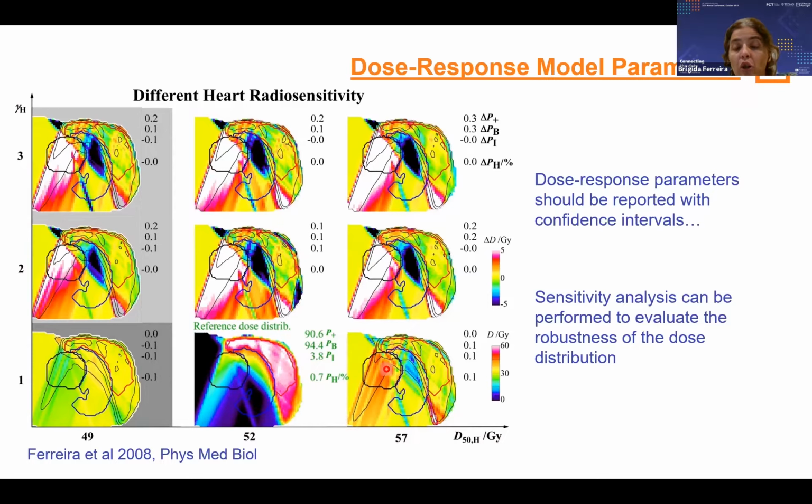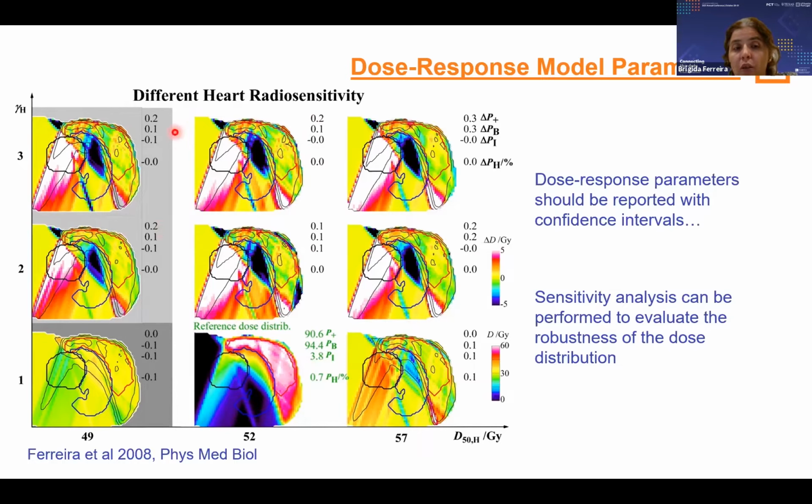And you can see that if, for example, there is a new patient that comes to the clinics with this radiosensitivity, and I treat him with this dose distribution, actually I will have those differences of about 5 grays. However, the clinical response will not be significantly different.